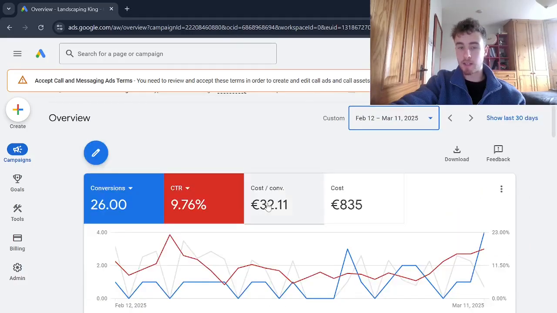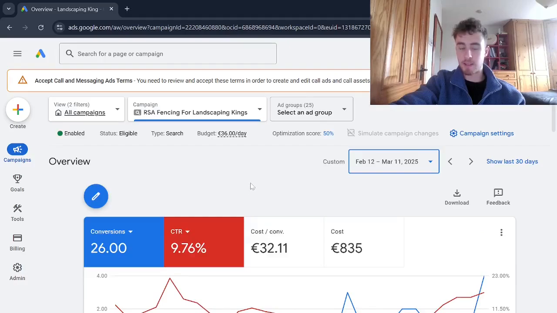And just for context, we were using maximize clicks as a bidding strategy, and we did very well to get 26 conversions within the first 30 days, as that's typically a lot harder to get with a maximize clicks bidding strategy, especially when you're working with a lower daily budget than you'd like to be using. But because we had 26 conversions within the last 30 days, we were then able to go directly to a target CPA bidding strategy.